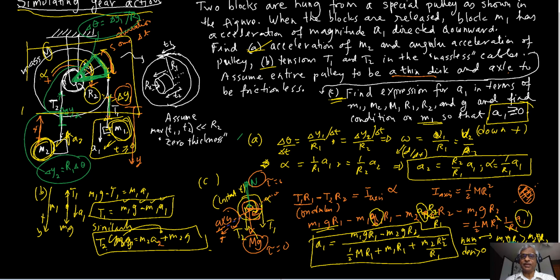So you can see if R1 is very big compared to R2, a small mass can actually lift a big mass in this setting. And this is how the lever action works.